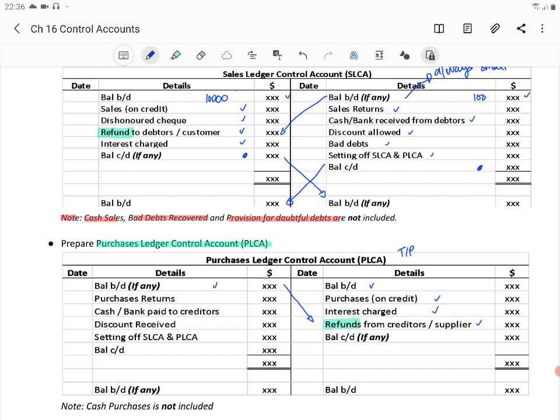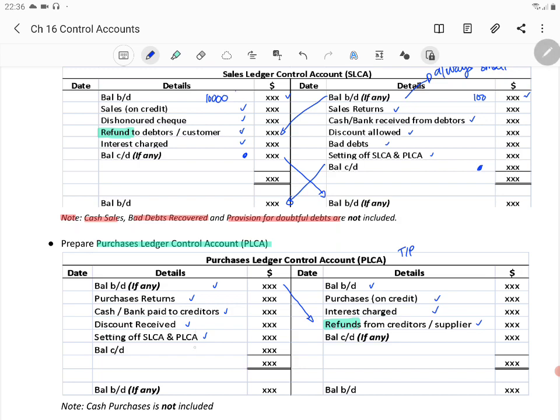Okay. Next, purchases return debit, cash paid to creditors debit, discount received debit, and setting off SLCA and PLCA also debit. So all of these four are decreasing PLCA or decreasing TP. Of course, purchase return decreases TP. Payment to creditors or TP also decreases TP. Discount received also decreases TP.